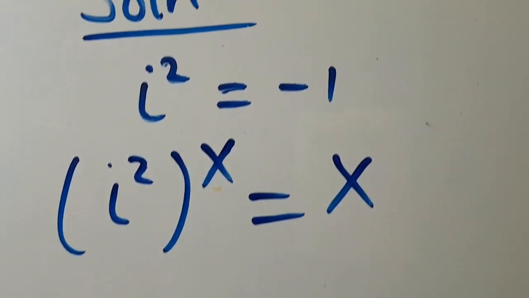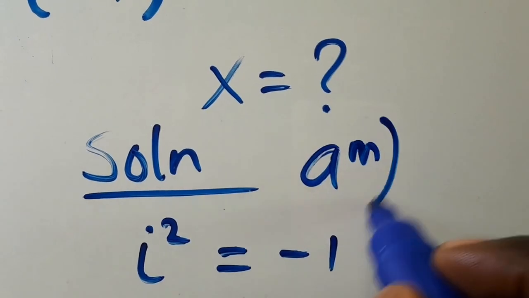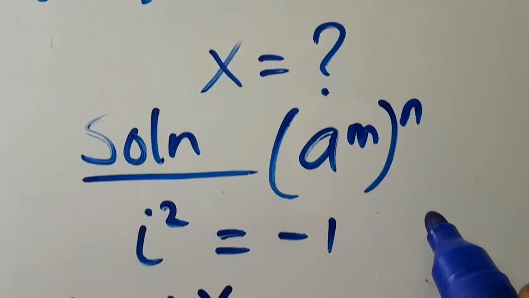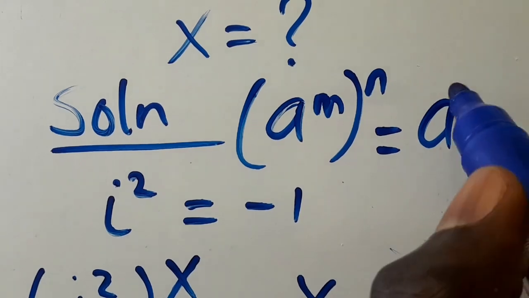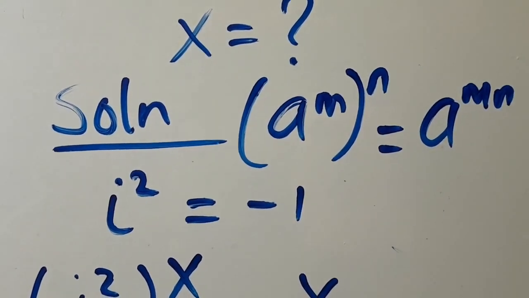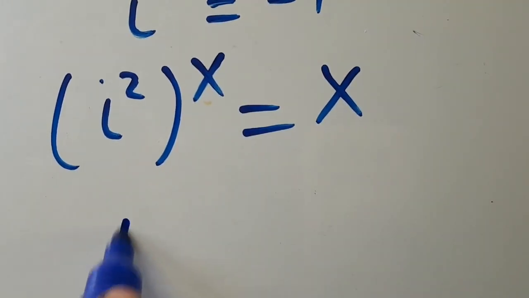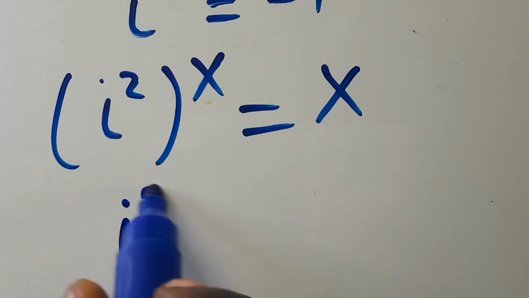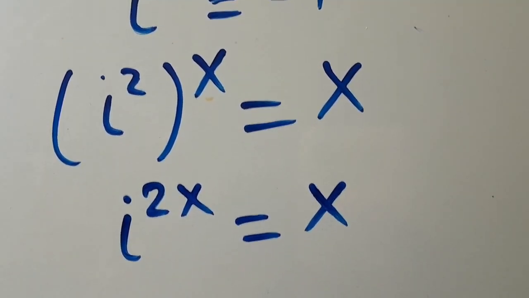Now, remember that when you have (a^m)^n, we can interchange this to be a^(m times n). So by applying it here, we are going to have i^(2x) equals x.